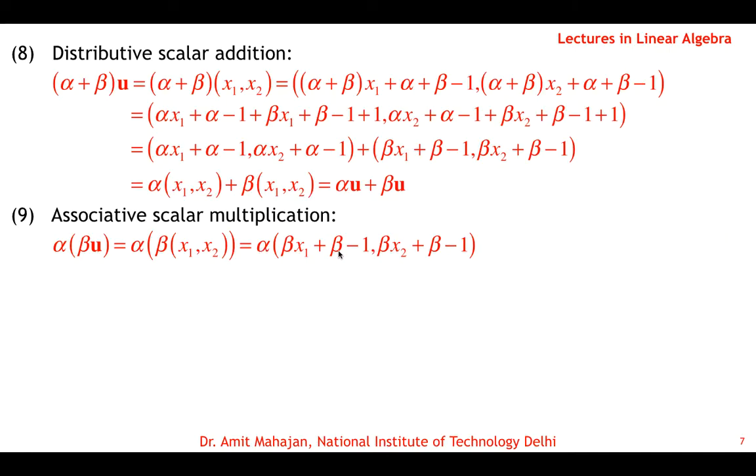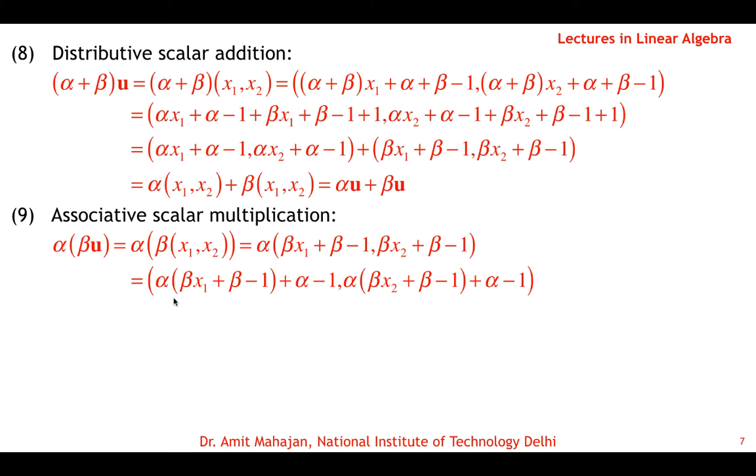So alpha times the element beta x1 plus beta minus 1 plus alpha minus 1, comma, scalar times the element plus scalar minus 1.